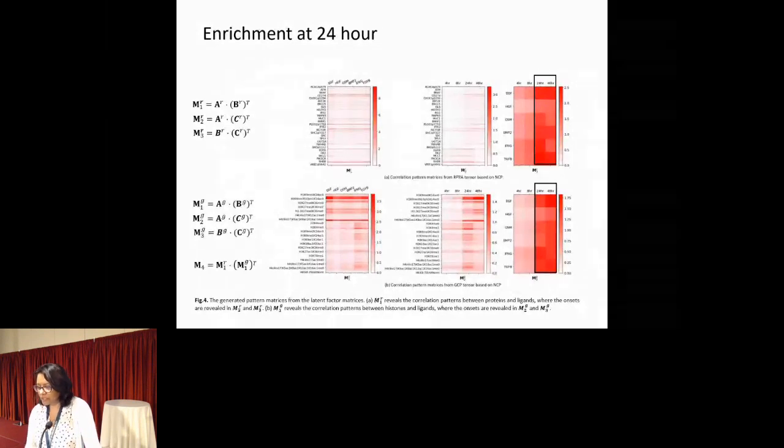Sorry, this is the phosphoproteins with the time points, and ligands with time points. We see an enrichment at 24 hours, and we see the same thing at the histone level as well, suggesting that perhaps the cancer initiation we're seeing starts at 24 hours when these growth factors were induced.